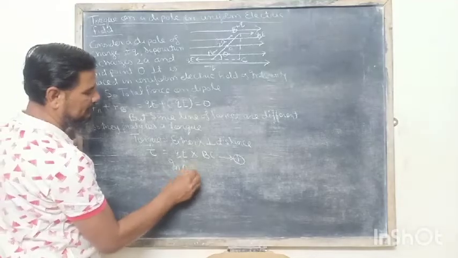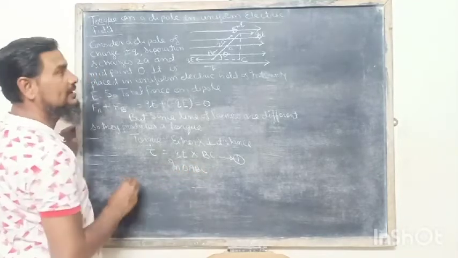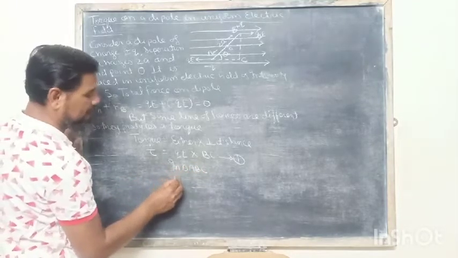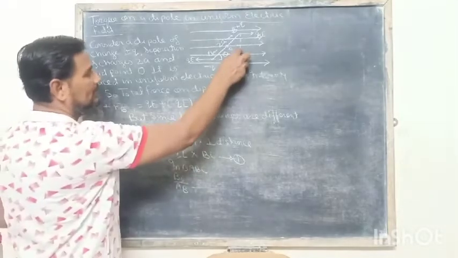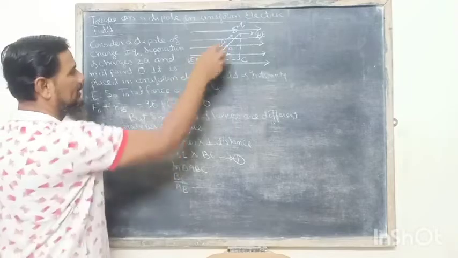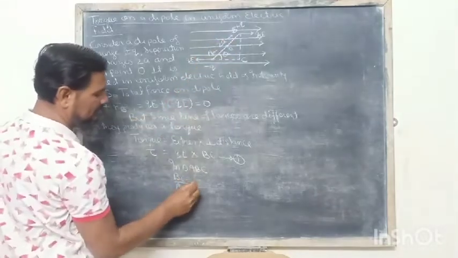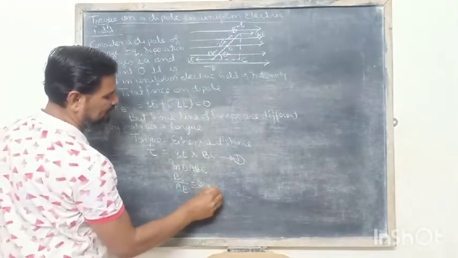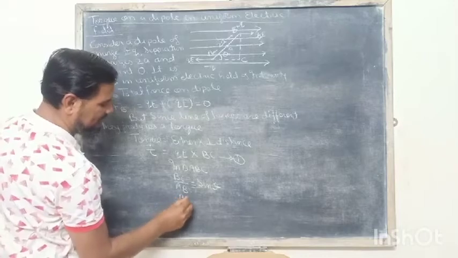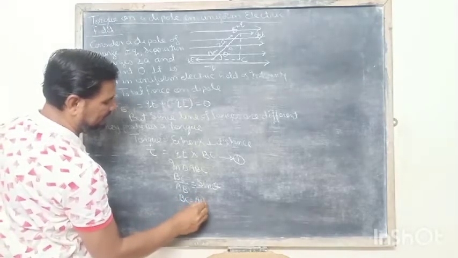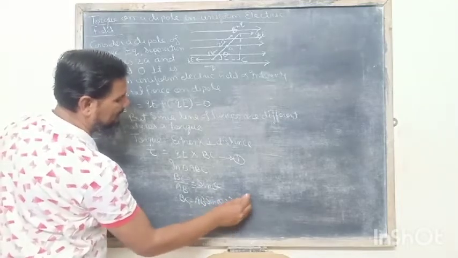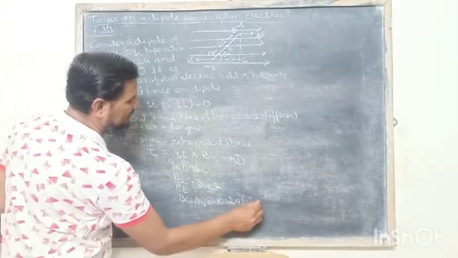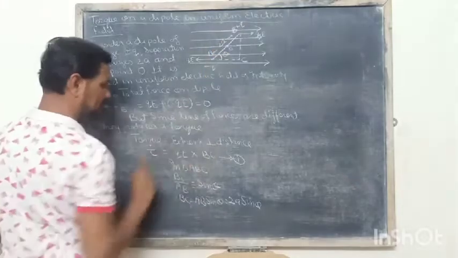In triangle ABC, BC upon AB, perpendicular upon hypotenuse, is equal to sine theta. So BC is equal to AB sine theta. And the value of AB is the separation of charges, 2a sine theta, this distance.